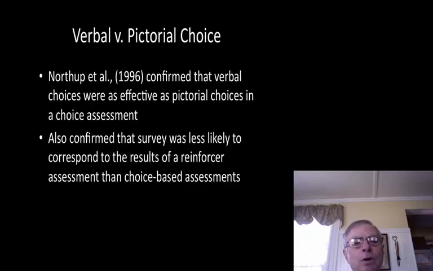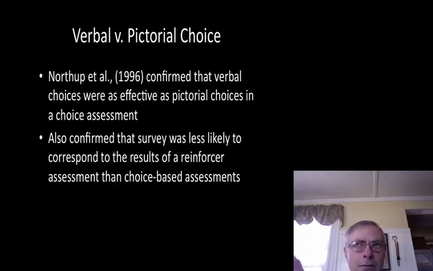Verbal versus pictorial. Northup and colleagues in 1996 confirmed that verbal choices were as effective as pictorial choices. So you can show somebody a picture of an apple versus using the word apple versus actually showing them the apple. It also confirmed that survey was less likely to correspond to the results of a reinforcer assessment than choice-based assessments.